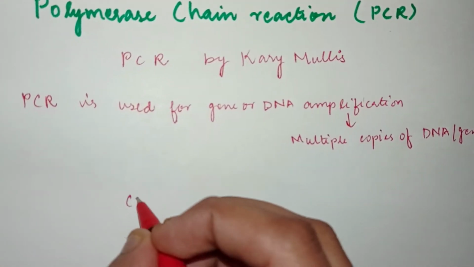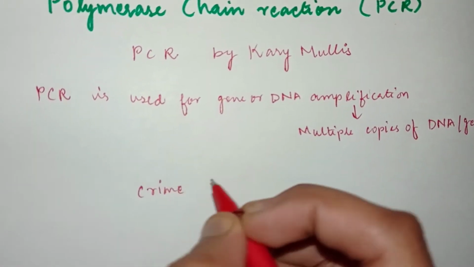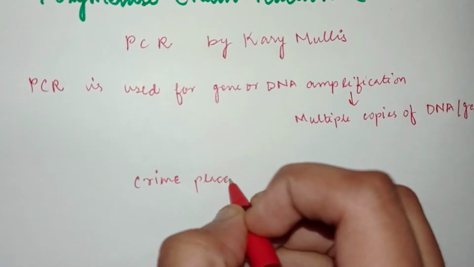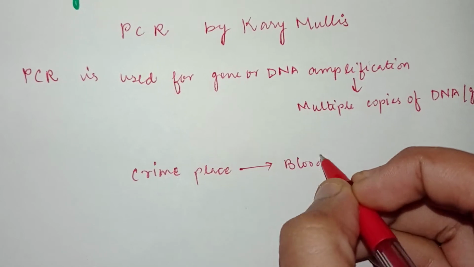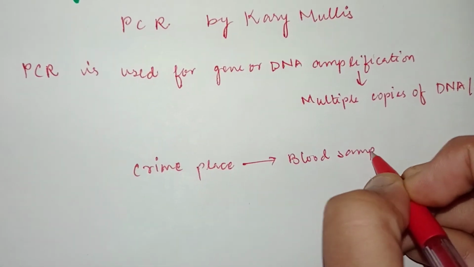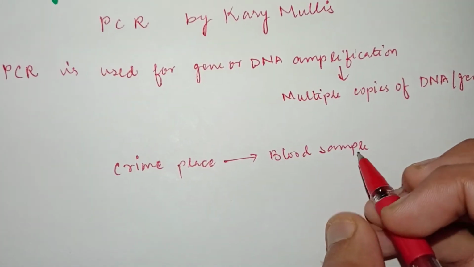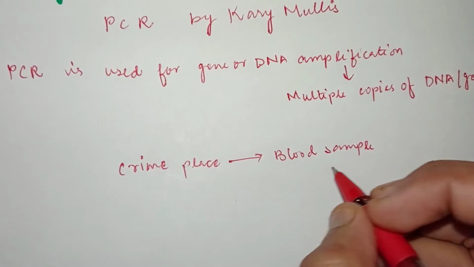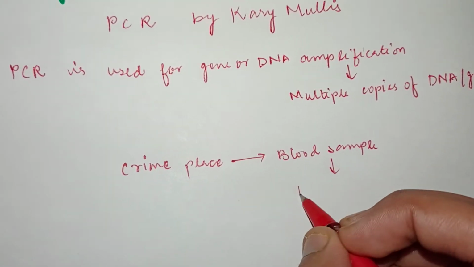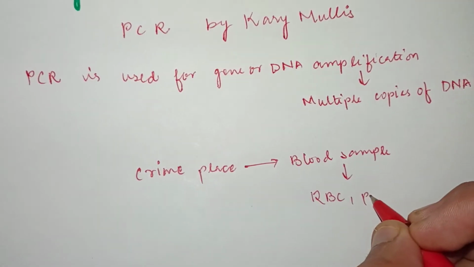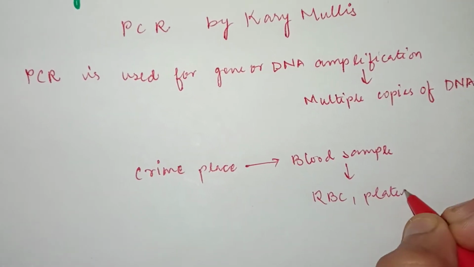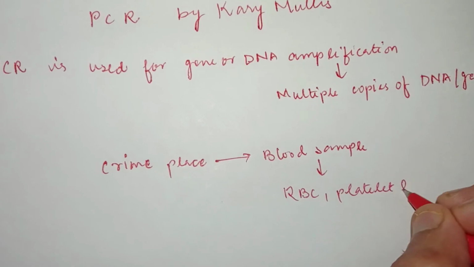Suppose at a crime place, if you get a blood sample, and the blood sample is having RBC, platelet, and WBC.